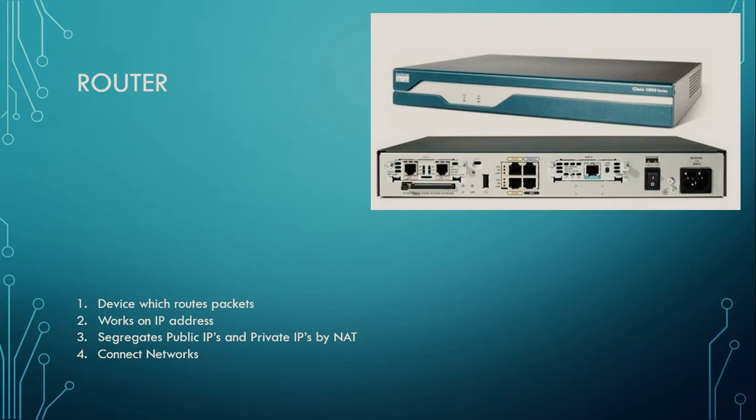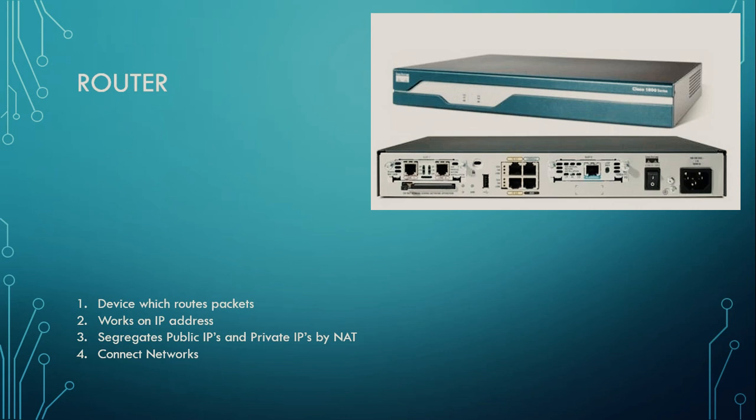A router performs a task called network address translation, by which it connects public IP address and private IP address. So what is a public IP address and what is a private IP address? A public IP address is an IP address which is routable on the internet, and a private IP address is an IP address which is only accessible by your internal network or your home network.